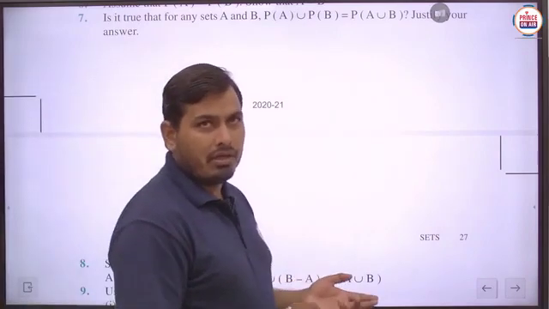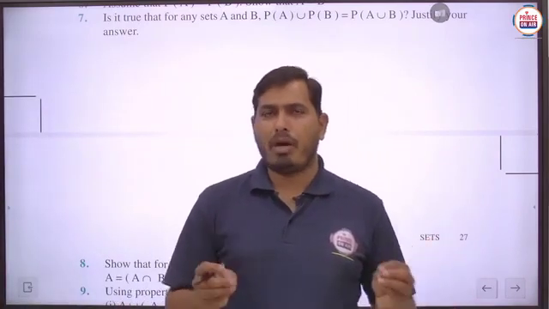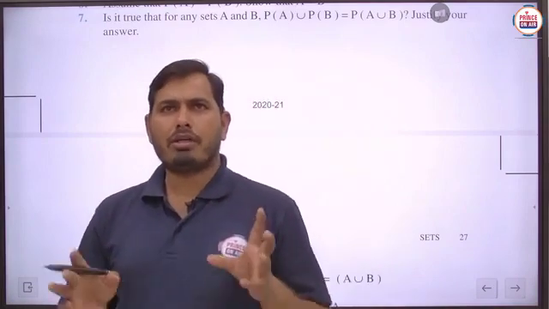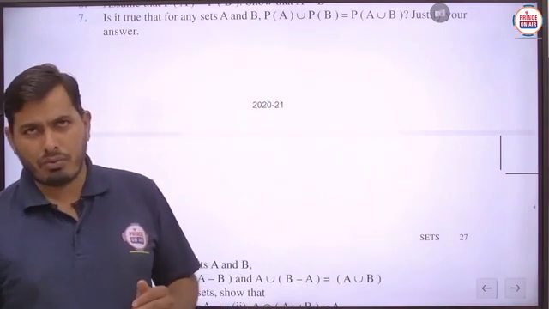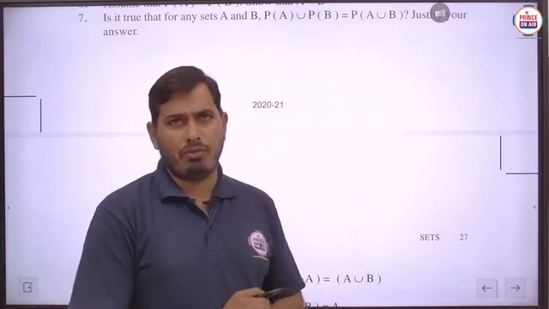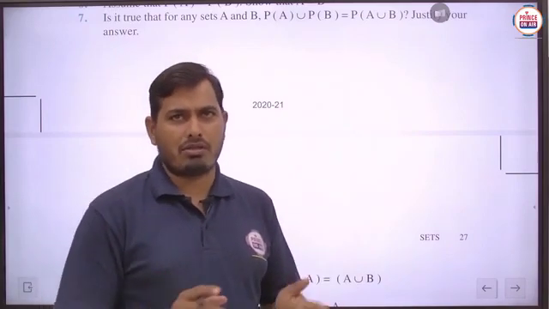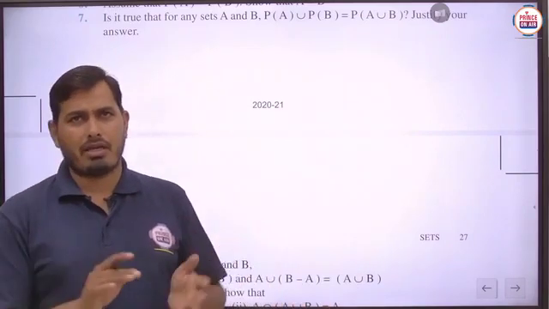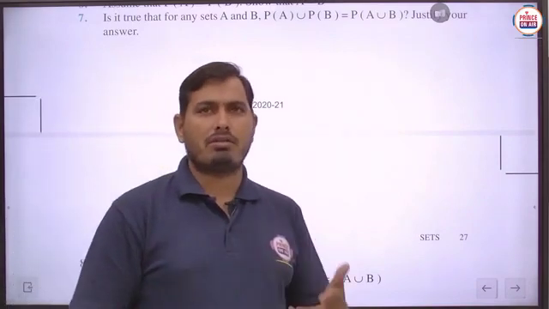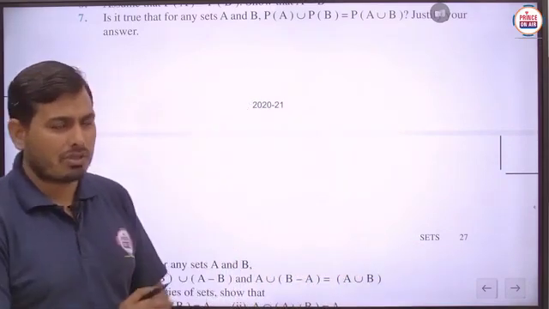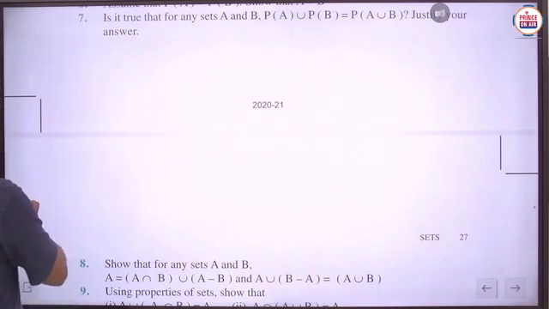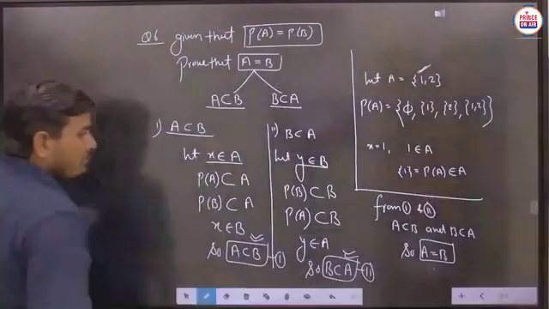Basically, student, this is a very simple part. Again, the power set of A union power set of B should be equal to the power set of A union B or not. We have to check this thing. So you can just take any example and justify this answer, whether these are found to be the same or not. So next, question number 7 we will take here.